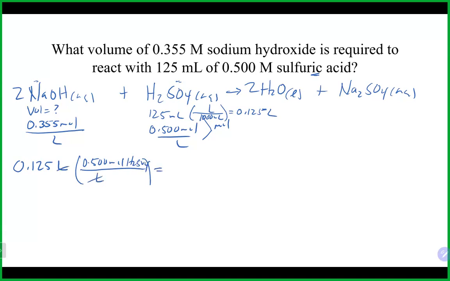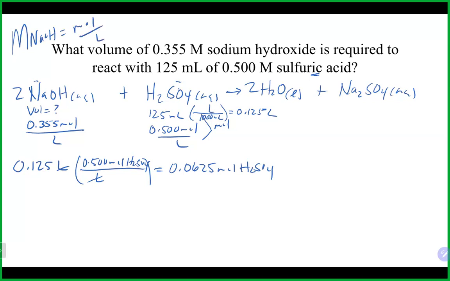That's going to get us 0.125 times 0.5, 0.0625 moles of H2SO4. Although we do have moles of H2SO4, it's not going to do us much good because we do need to get over to sodium hydroxide.